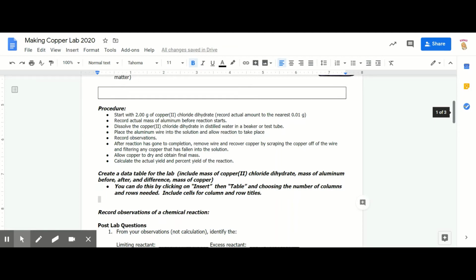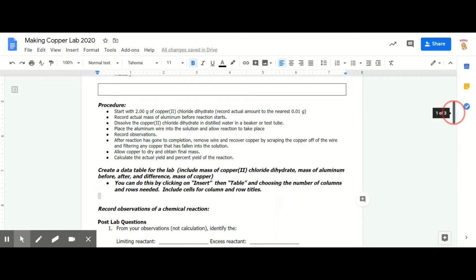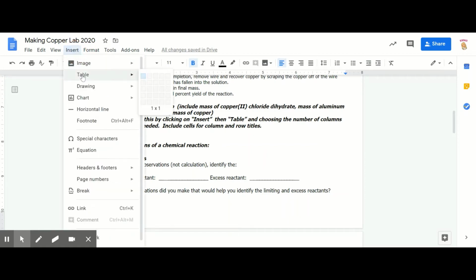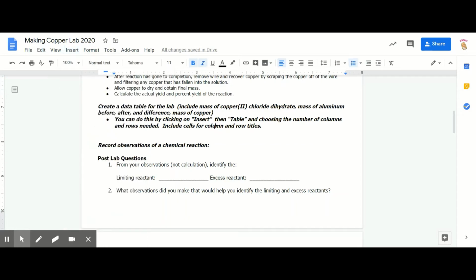You will need to create a data table to record the masses in as you watch the live lab. To do that, you're going to go to Insert in the menu and then Table, and then you can choose the number of columns and number of rows that you feel you need to record the required data.